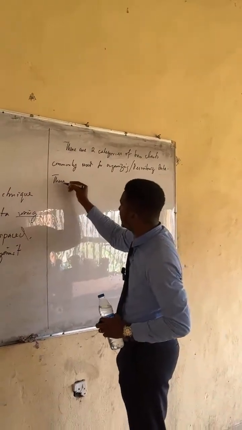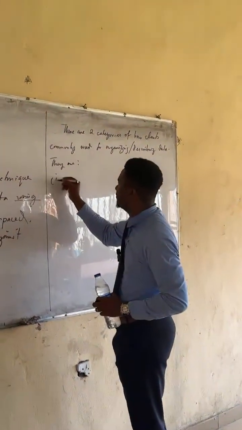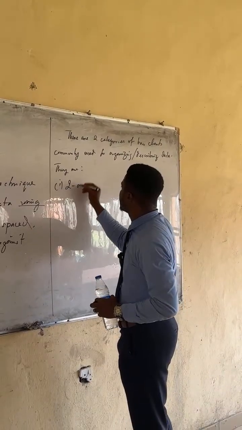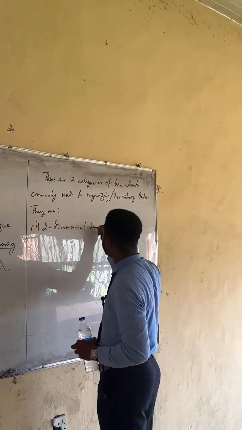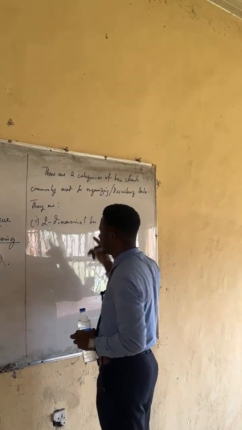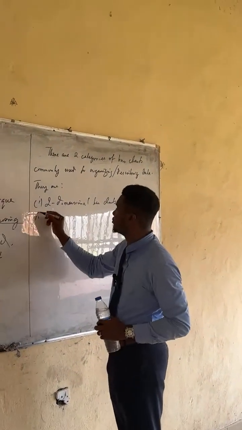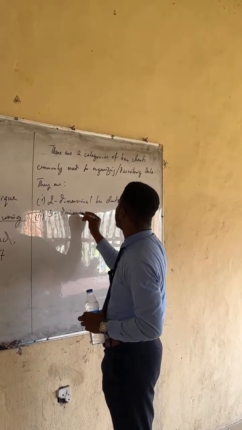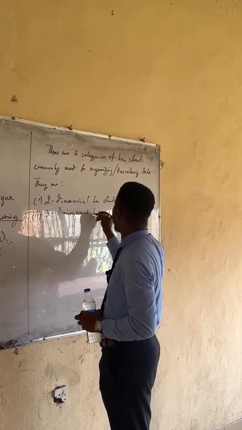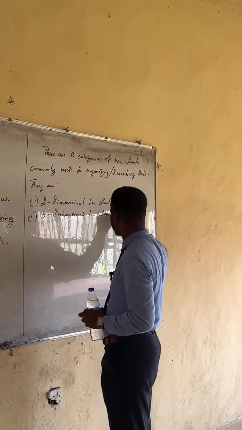They are 1, two-dimensional bar charts, and 2, three-dimensional bar charts.